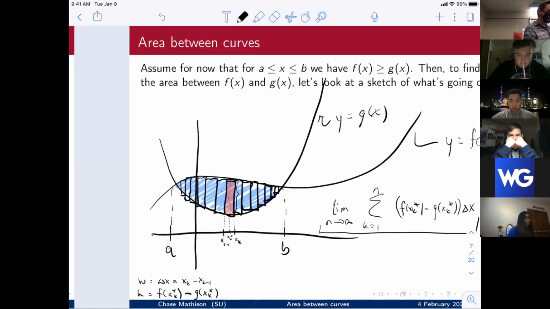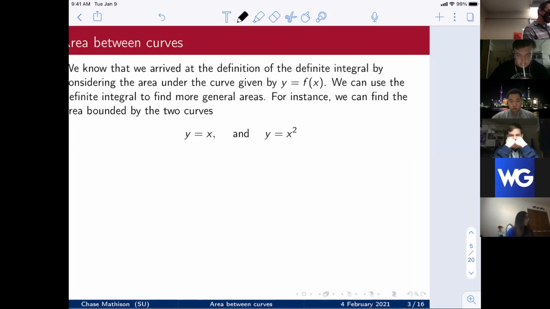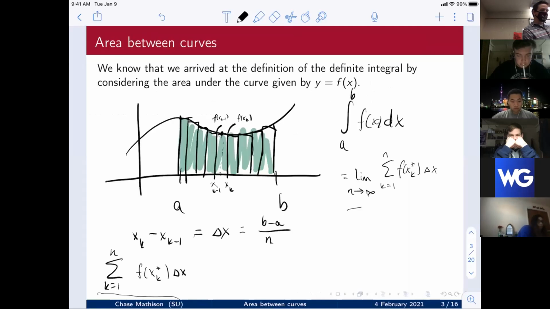Well, let's look back for a second. It kind of looks like this, right? Only instead of just f of xk star, I have f of xk star minus g of xk star. But that's fine.